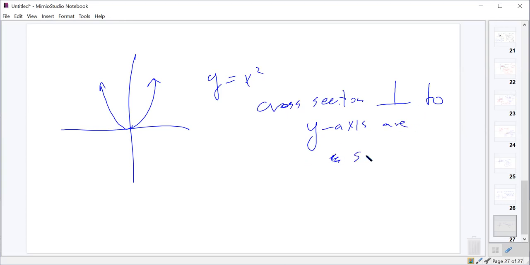We'll just say they are squares from y equals 0 to y equals 4.